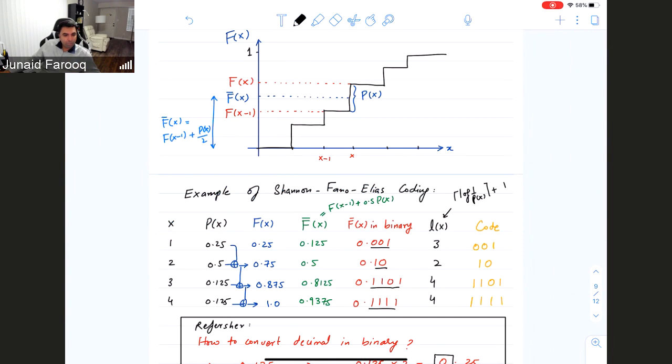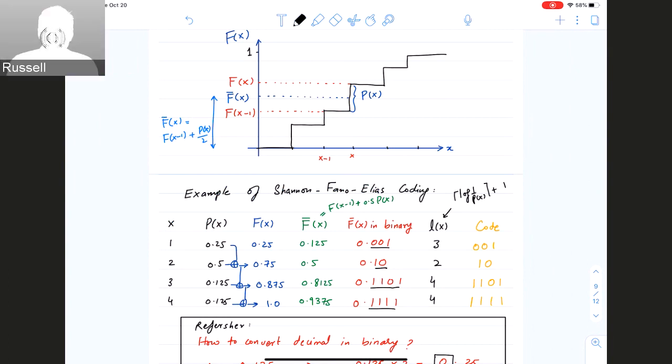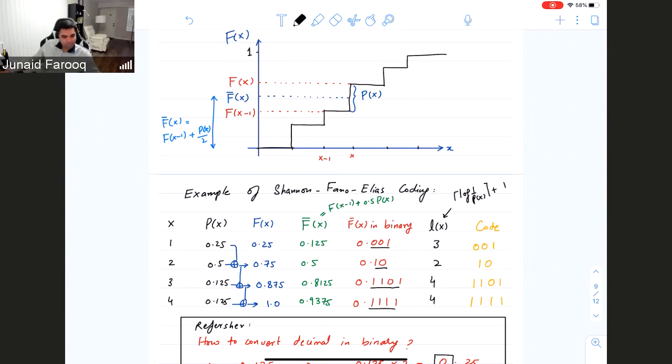So the way Huffman is done, we try to minimize the lengths, subject to the fact that the Kraft inequality is satisfied, so there shouldn't be a question there. But this one, just a second. It does satisfy the Kraft inequality.